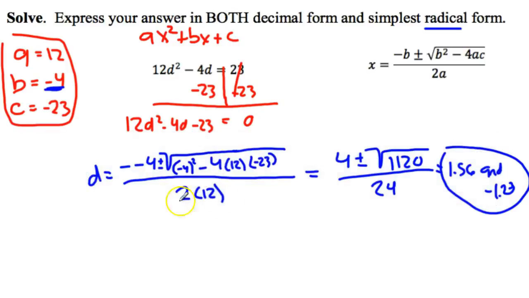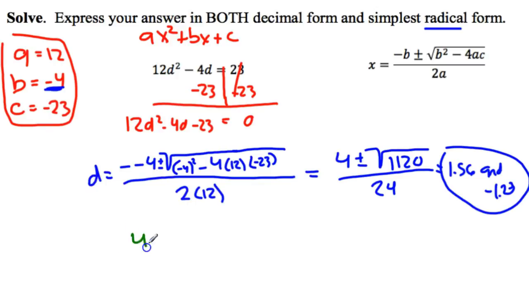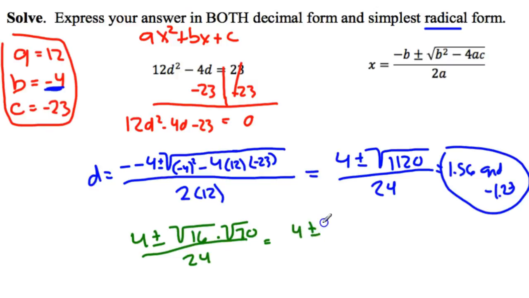Let me change the color of my pen. 4 plus or minus, the calculator said 4 times 70. That's 16 times the square root of 70 divided by 24. This simplifies to 4, right? So it's 4 plus or minus 4 square root 70 divided by 24.